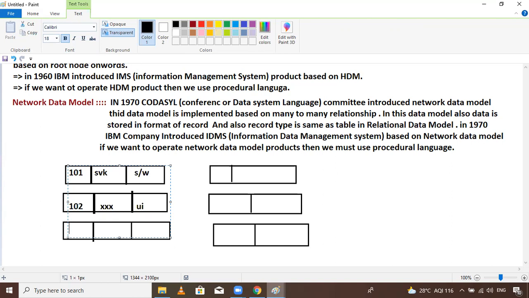Now next is 103, suppose the name is Ramesh, and he is also a software developer.